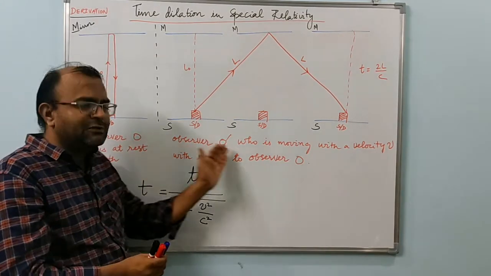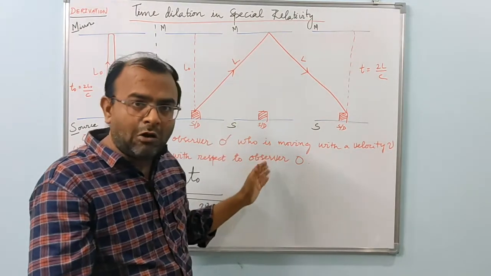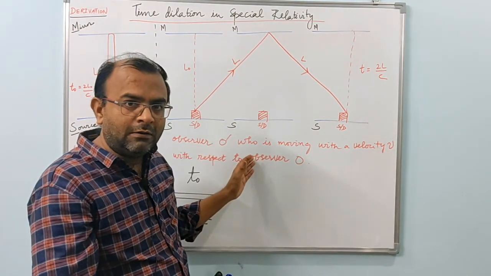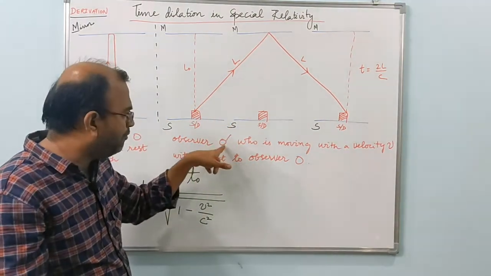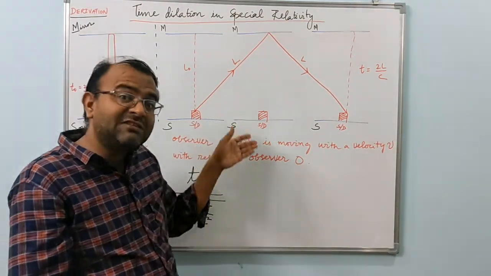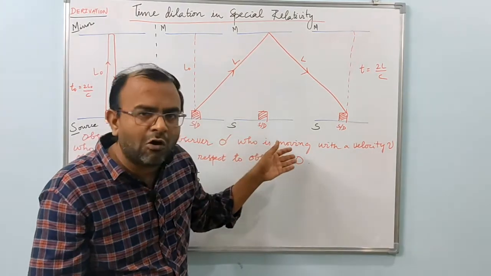Now suppose this observer is moving carrying an identical clock. For him, that is for the observer O prime, he would measure something similar in his frame of reference because he is traveling with the clock.